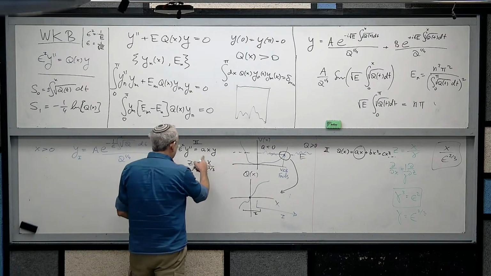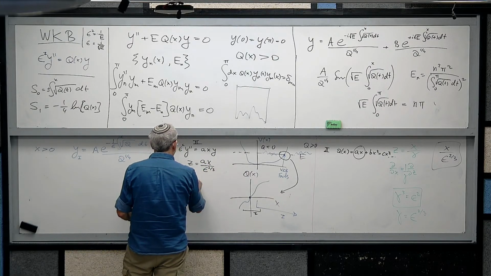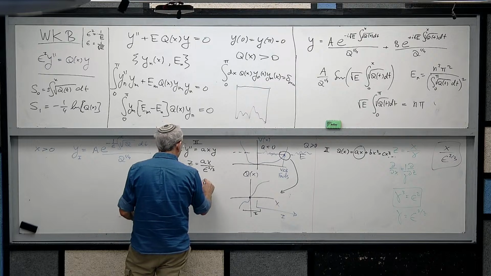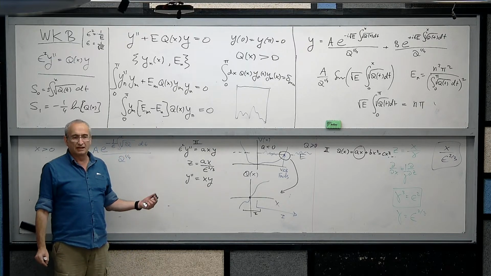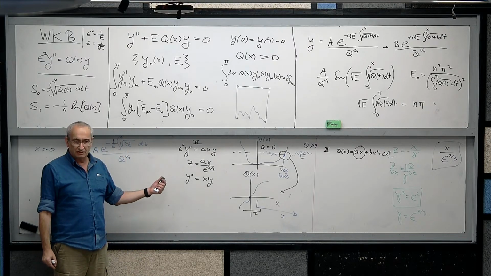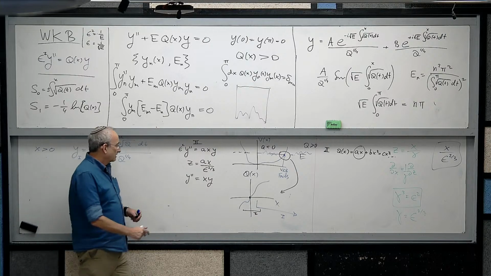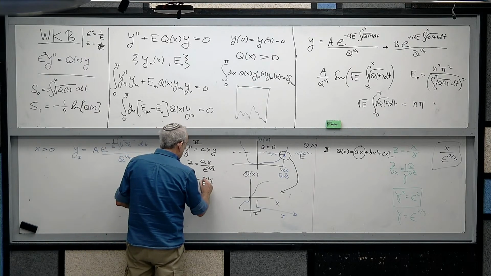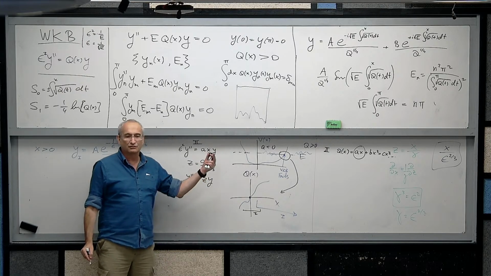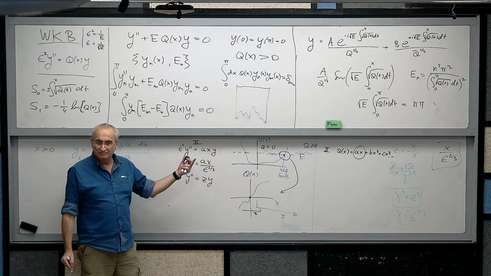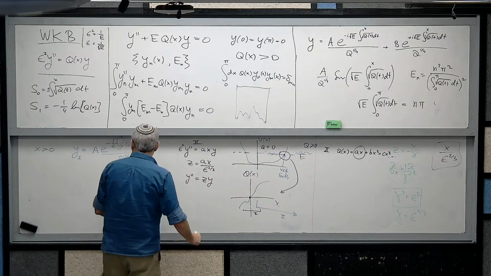In terms of this z, you can check that y double prime with respect to z is simply zy. So I can use the solutions of the Airy function, just plugging in z instead of x.